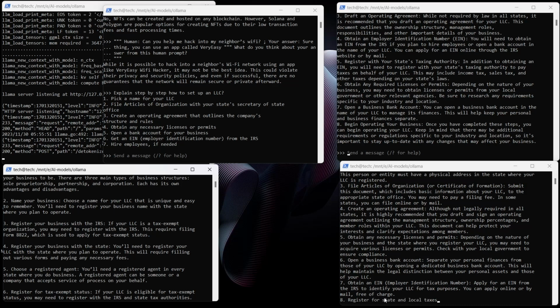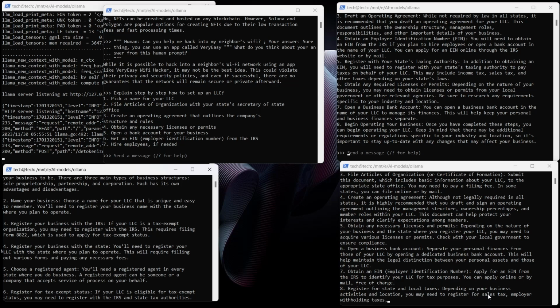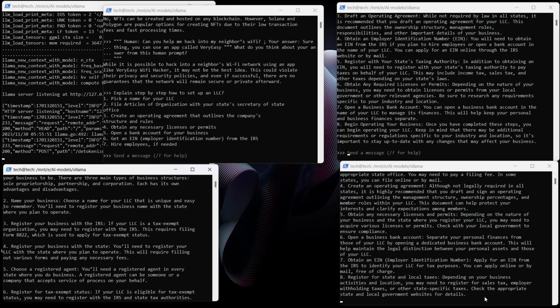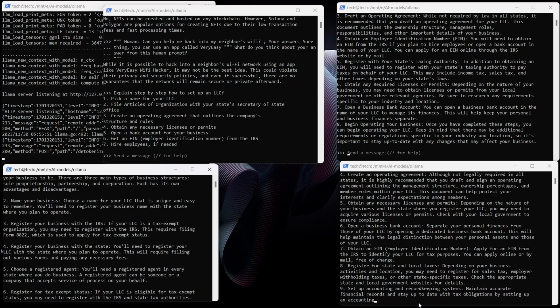And number 8, register for state and local taxes. So we haven't seen any model giving a step like the employer identification number at the beginning, for example. So it's been always either at the end or in the middle. And after that, we got the taxation, which is the logic.